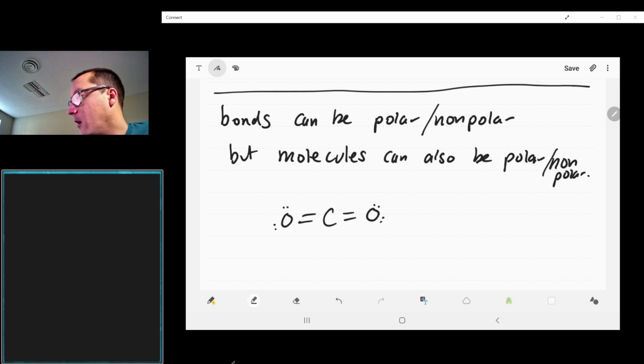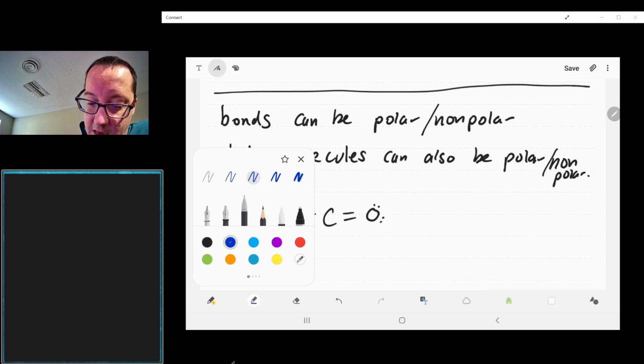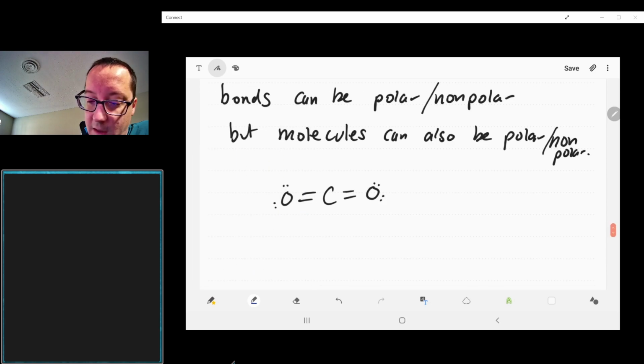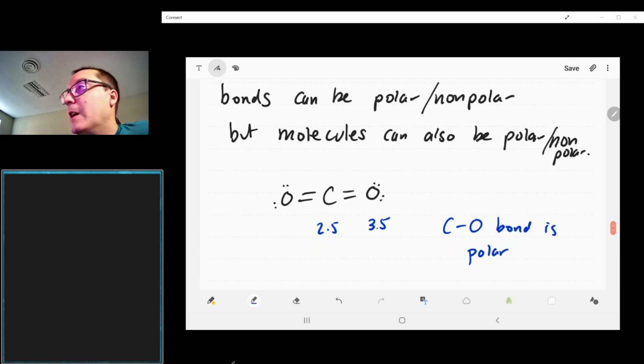here it is, carbon dioxide. We know that carbon has an electronegativity of 2.5, oxygen has one of 3.5, so we know for sure that a CO bond is polar. That should hopefully not be a problem. We can see that the difference of electronegativity there is more than 0.4.